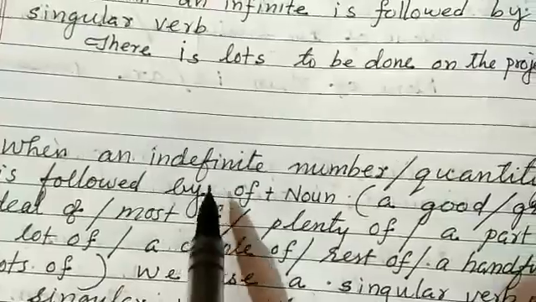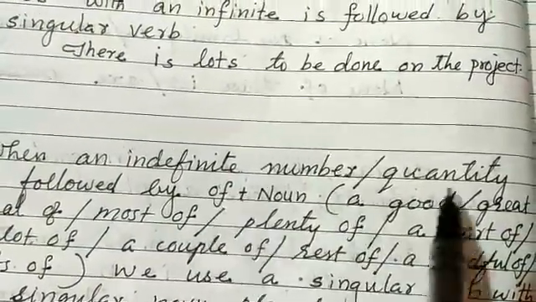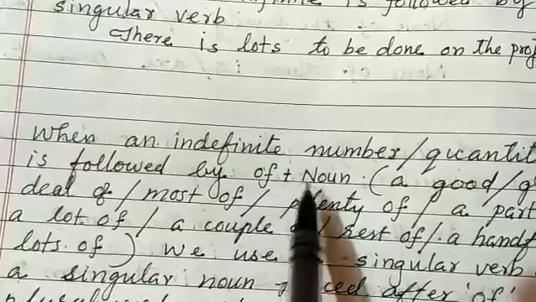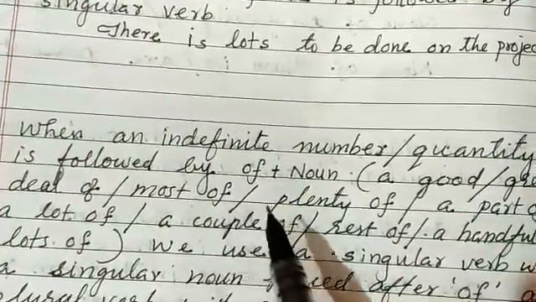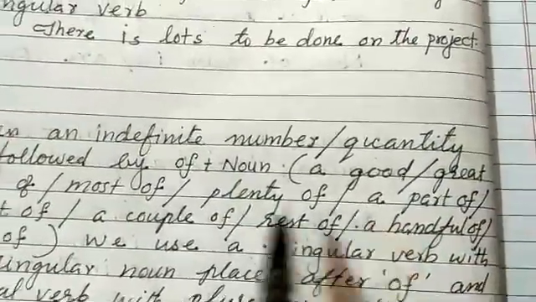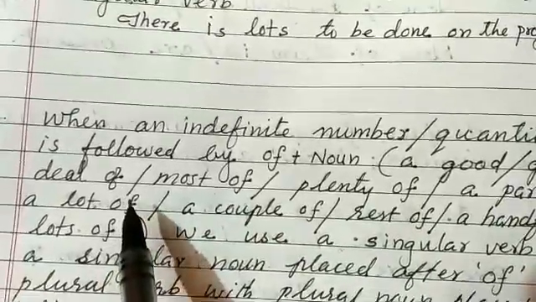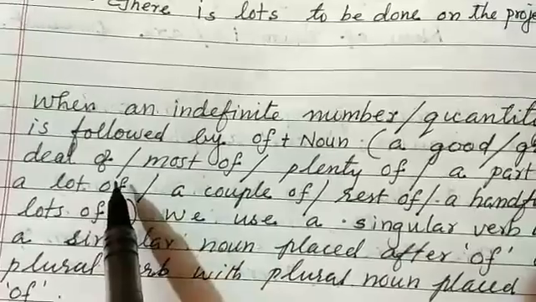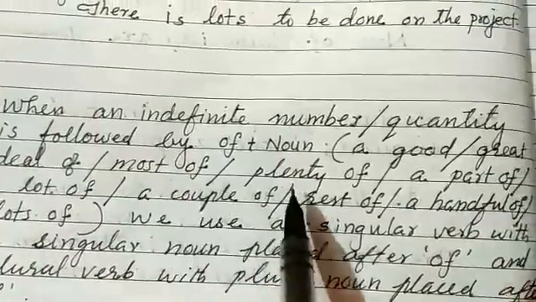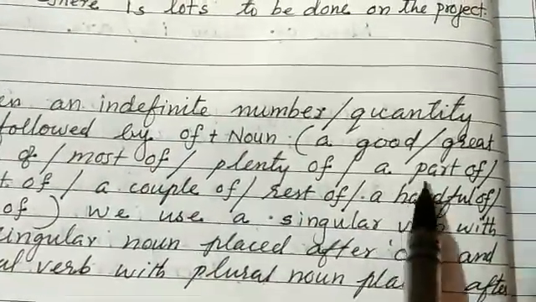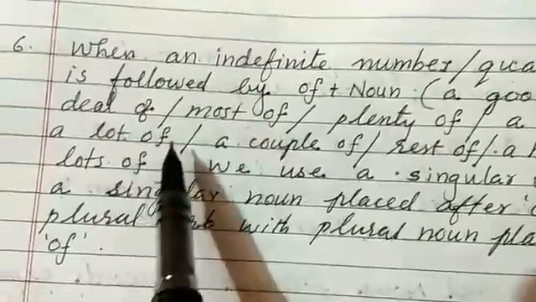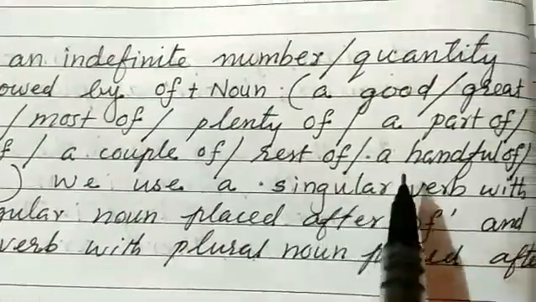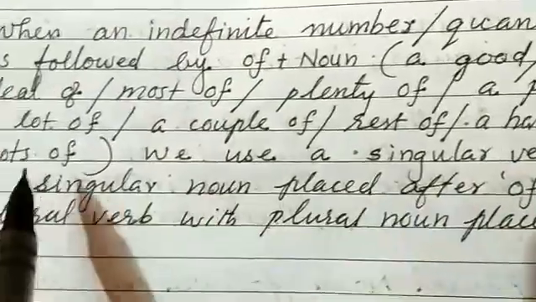When an indefinite number or quantity is followed by of plus noun, for example, a good deal of, a great deal of, most of, plenty of, a part of, a lot of, a couple of, rest of, a handful of, lots of.